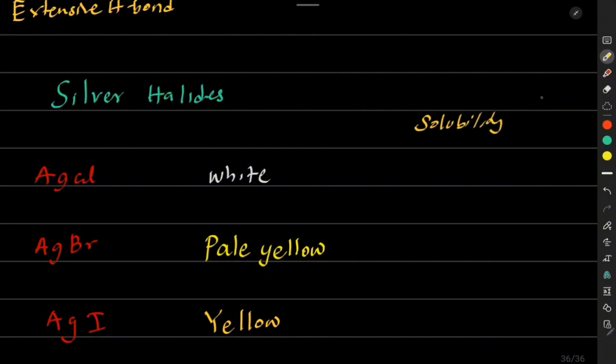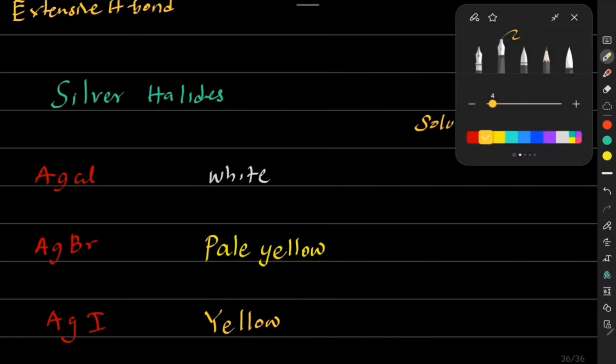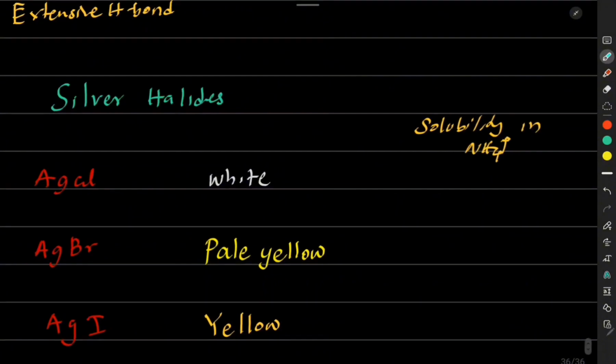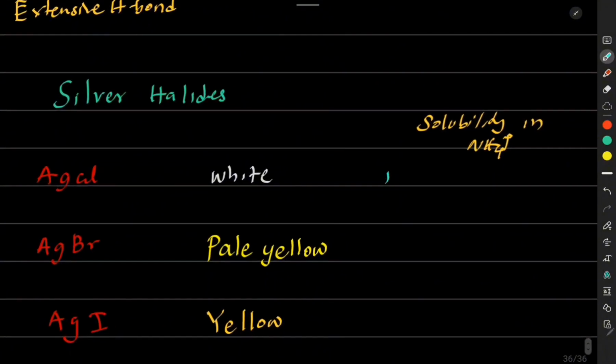Solubility in ammonia. Now let's look at the solubility in ammonia. AgCl dissolves in diluted aqueous ammonia.